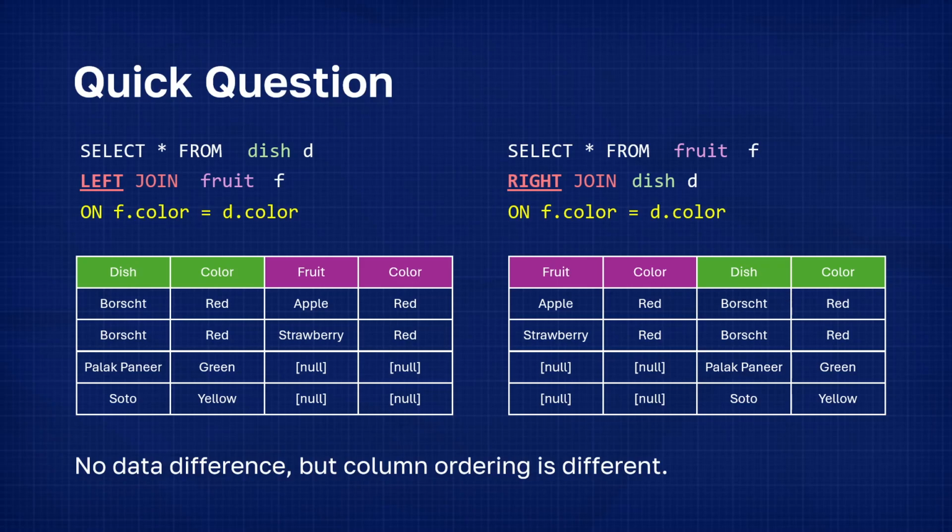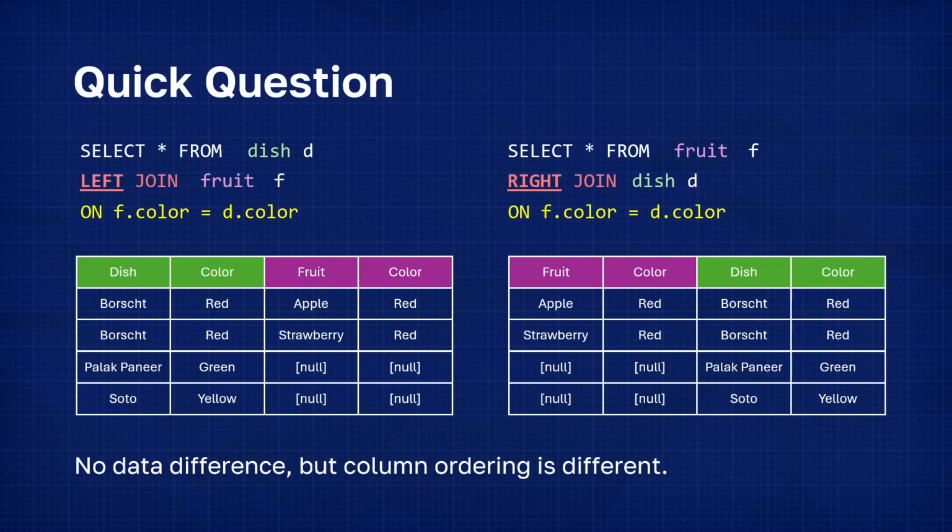Because when I say dish left join fruit, the dish on the left will still be intact. Any matches will be there. Basically, inner join plus those unmatched will be null. If I do fruit right join dish, the dish on the right will be intact. So this will be intact still, but it's just whether the dish is on the right or on the left. So the ordering will be different.